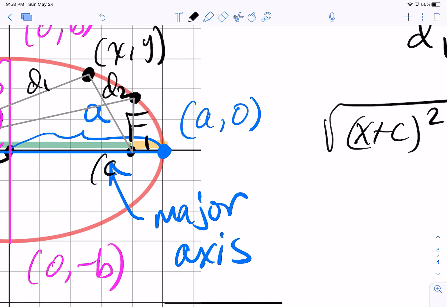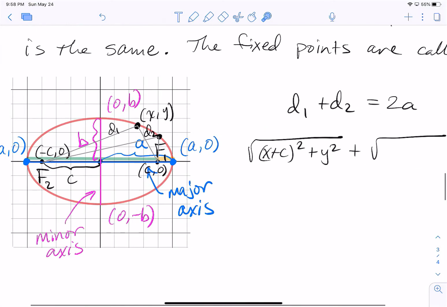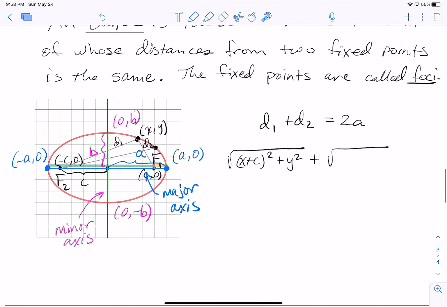This should have coordinates (c, 0). I had given it coordinates of (0, c) or something. Meanwhile, the square root of (x minus c) quantity squared plus (y minus 0) quantity squared gives us the distance d2. And we're saying that those always add up to 2a.